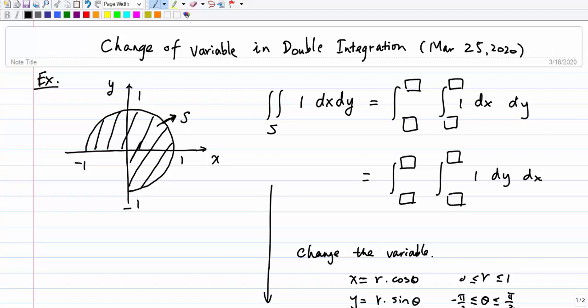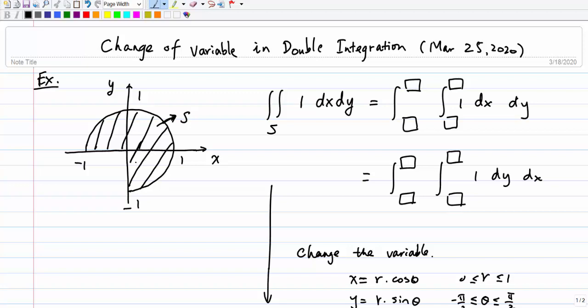Now, why do we do a change of variable in double integration? The main reason is, in certain cases, the region we compute the double integration over can include circle-like patterns, like what is shown here. So we have a circle-like region, or this is 3/4 of a circle.